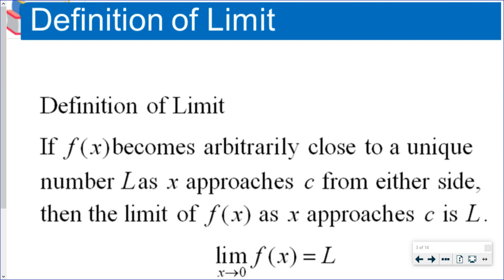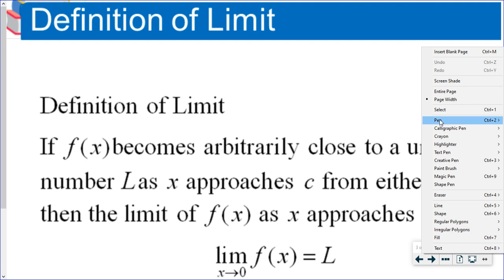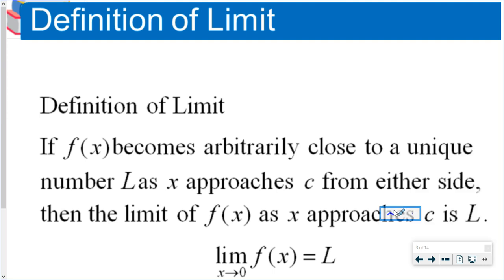And down here at the bottom, this is the notation that you'll see. This actually is a typo. This 0 down here at the bottom should not be 0. Let me get a pen.